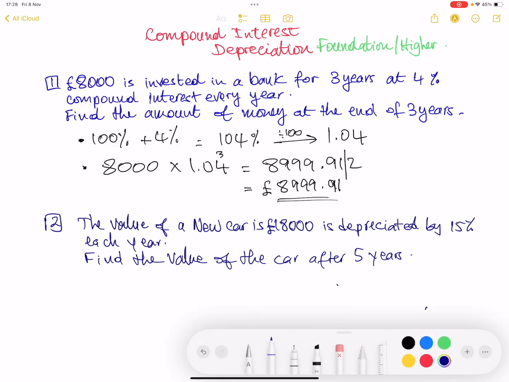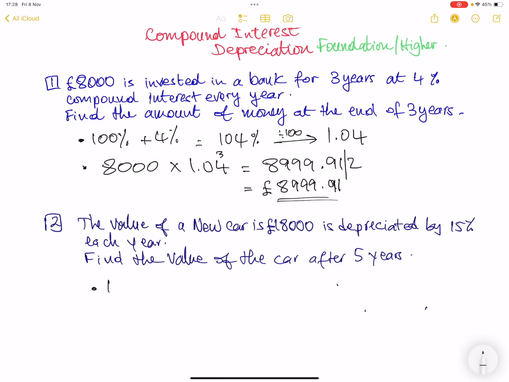Okay, so what we have to do, you need to find first the multiplier. So you need to start by 100%, but this time it's a depreciation, so you have to do minus 15%, and this is equal to 85%, or 0.85 as a multiplier.